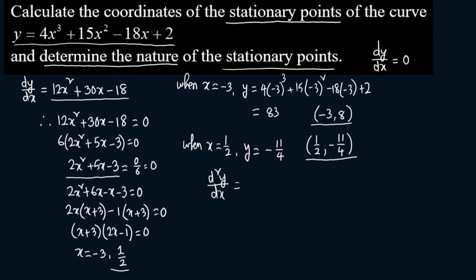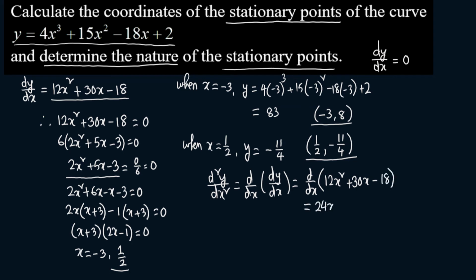It means we differentiate the expression we had for dy by dx, which was 12x squared plus 30x minus 18. If we differentiate it again, it gives us 24x plus 30. This is our double differentiation expression.